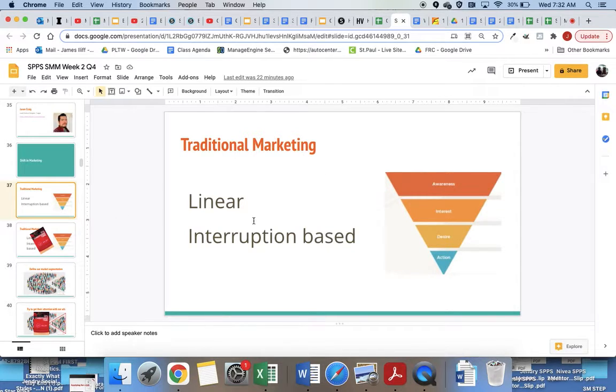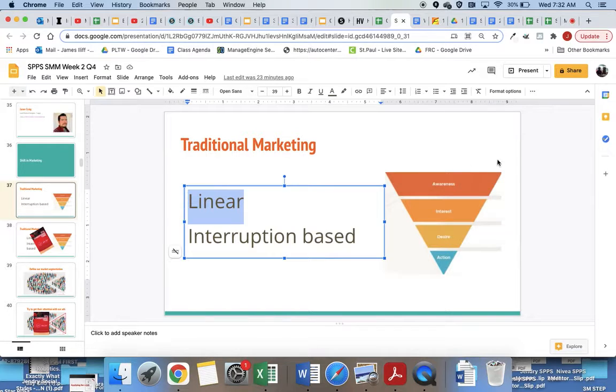But there's some problems with it. Number one, it's quite linear. Linear means it goes one direction. The second problem is that it's mostly interruption based.